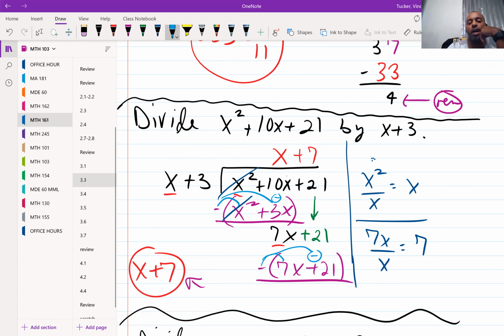Go ahead and subtract. 7x is canceled, 21 is canceled, and that leaves you with the remainder of 0. So our answer is just x plus 7.